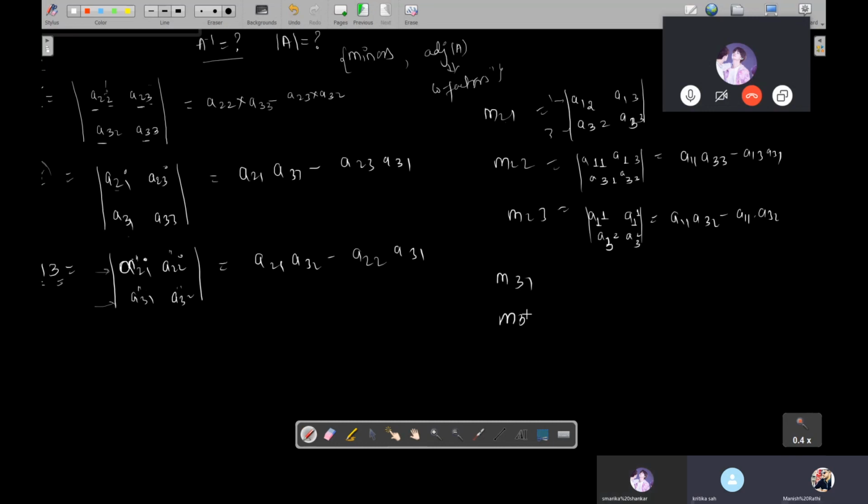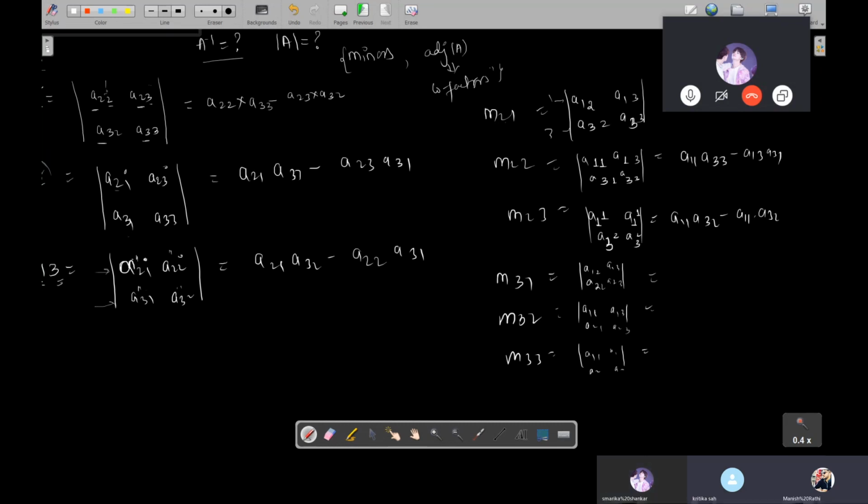Corresponding, you need to find M31, M32 and M33. Right now we feel it is very lengthy, but once you start doing problems, it will be very easy for you to write. For row 3, I am left with rows 1 and 2. So I'll write rows 1, 2 for each. For column 1, I am left with 2 and 3. Column 2 leaves 1 and 3.